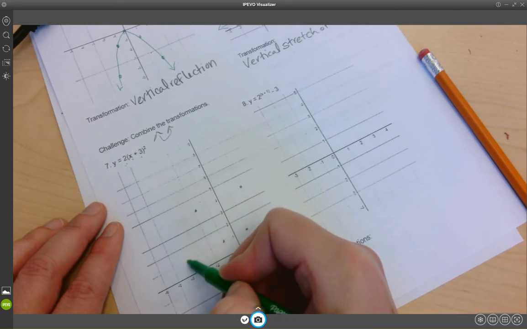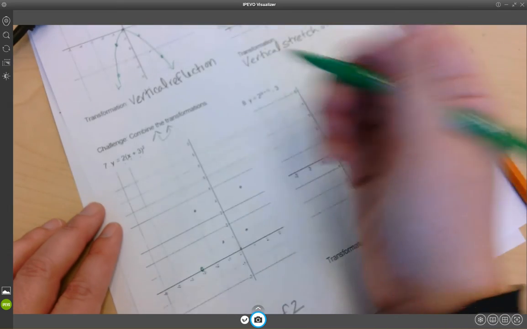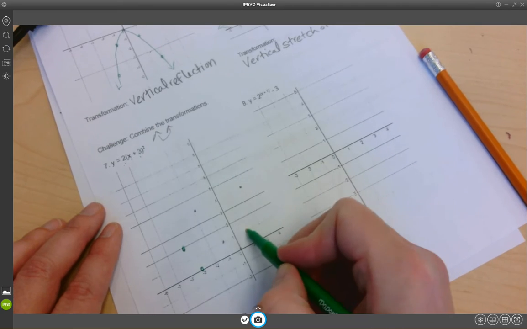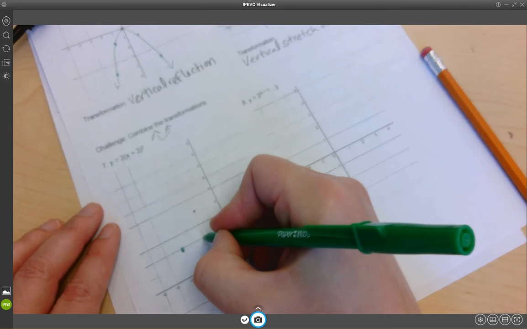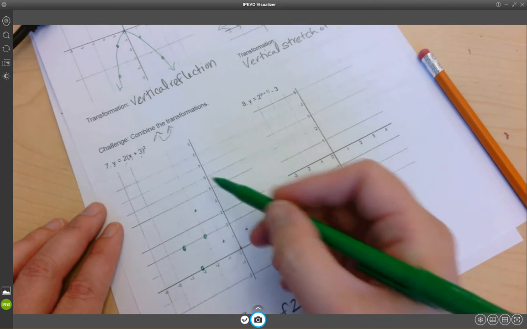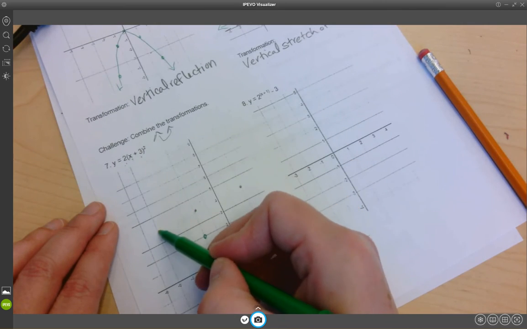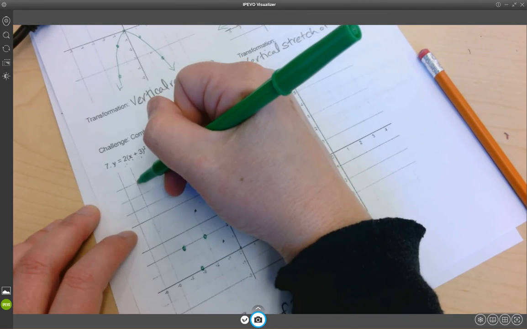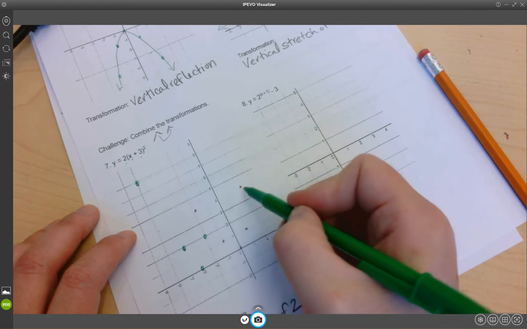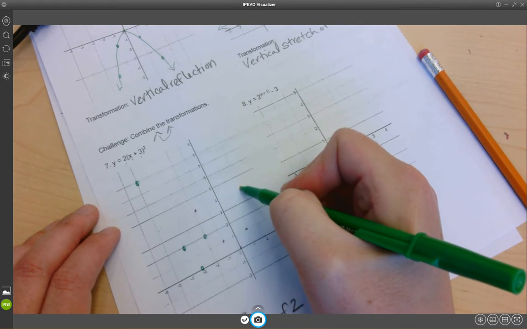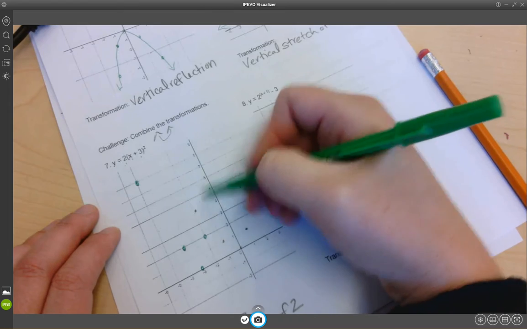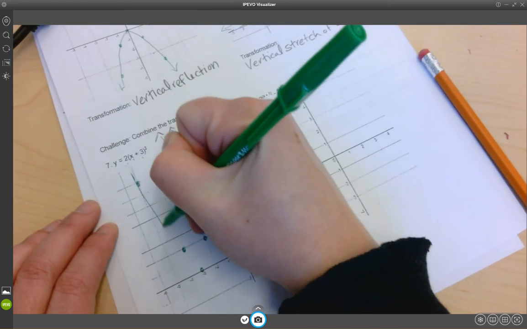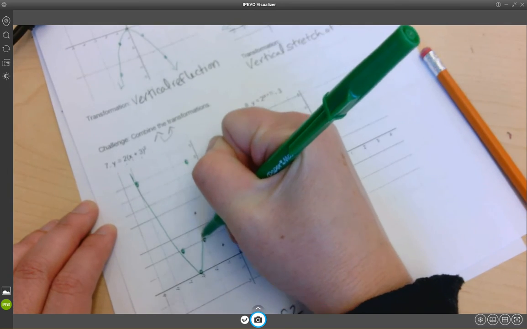My y value is 1, and 1 times 2 is 2. Okay, go left 3. Y value is 1, and 1 times 2 is 2. Go left 3, and my y value is 4. 4 times 2 gives me 8. And then this one as well. I'm going to go left 3, and then multiply by 2. And so what you get is a parabola that is shifted left 3 and stretched by 2.